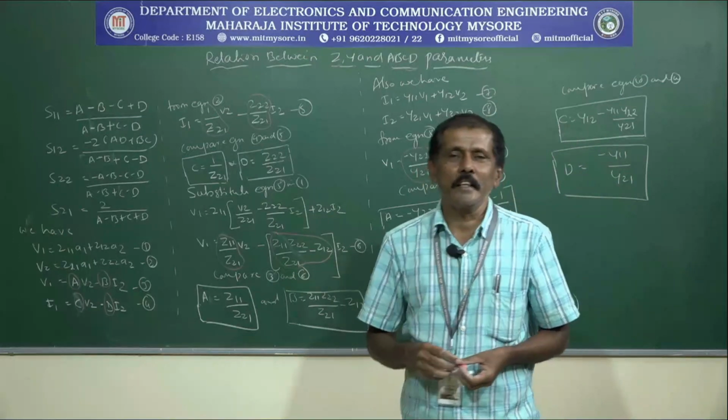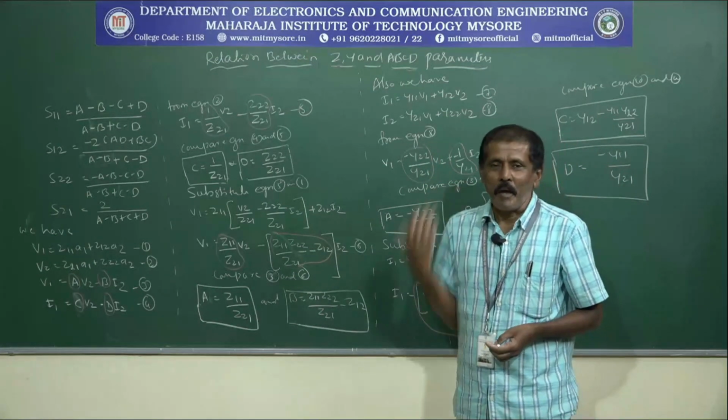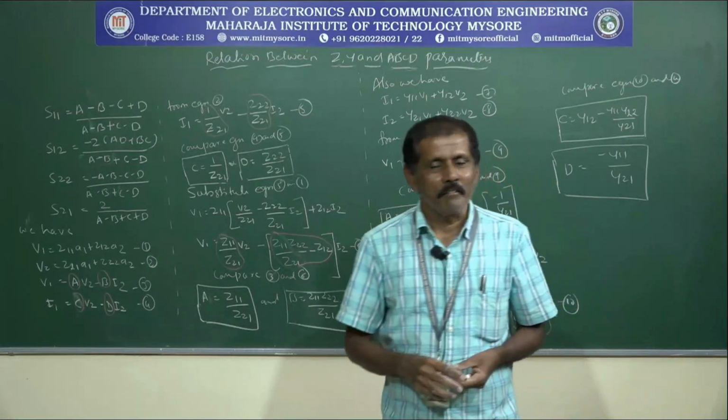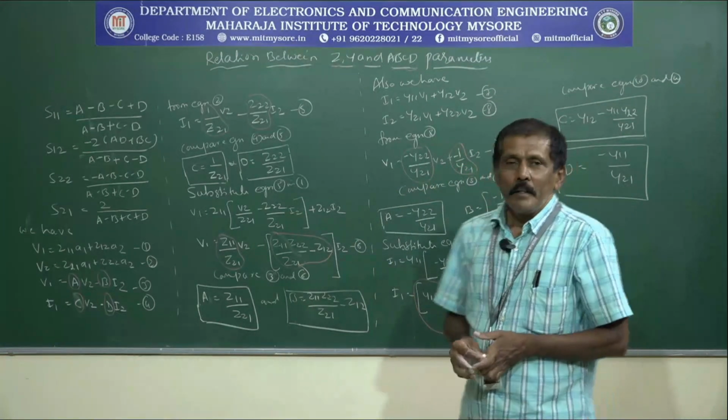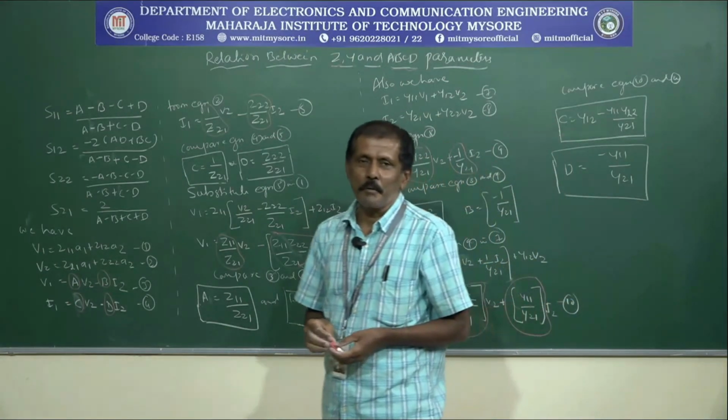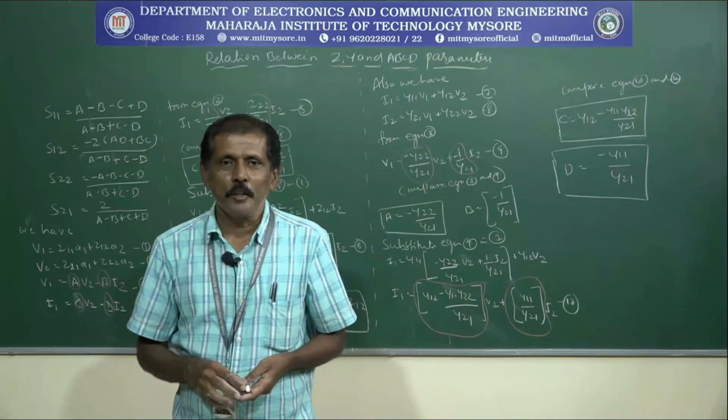What this particular thing is indicating is that if you have one set of parameter values, you can get the other parameter values. So this is all about the relation between the various parameters.